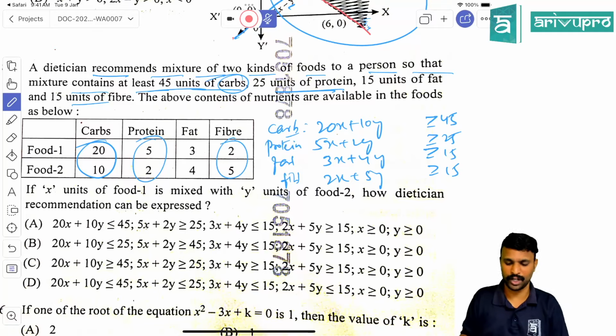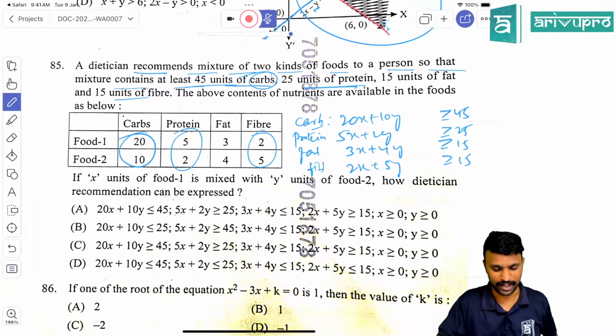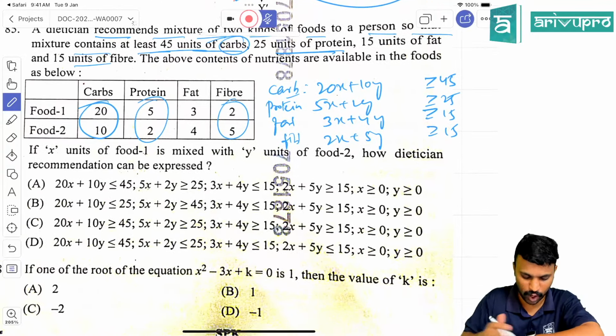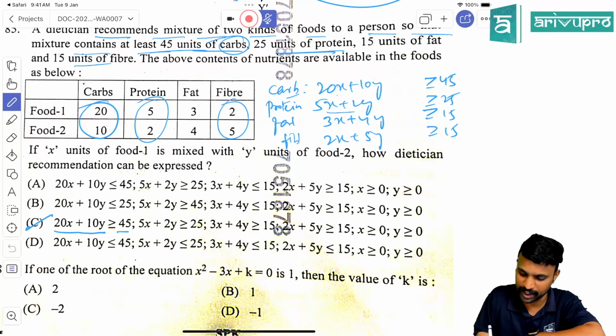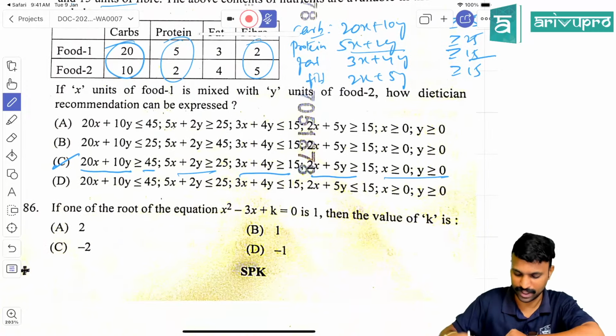All are greater than or equal to 0. And most importantly, x and y both should be positive, that means greater than or equal to 0. So option C shows that, right? 20x plus 10y greater than or equal to 45, 5x plus 2y greater than or equal to 25, 3x plus 4y greater than or equal to 15, and 2x plus 5y greater than or equal to 15, and x and y both are positive or 0.